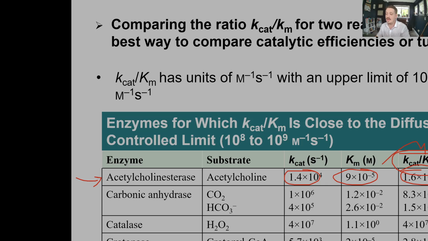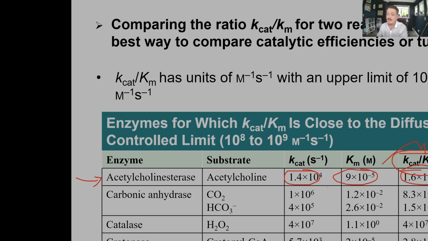And you can get to the point where the reaction gets so fast, with such a high affinity for a substrate, converting so much substrate into product, that you're actually limited by the speed at which matter can diffuse through an interface through liquid.